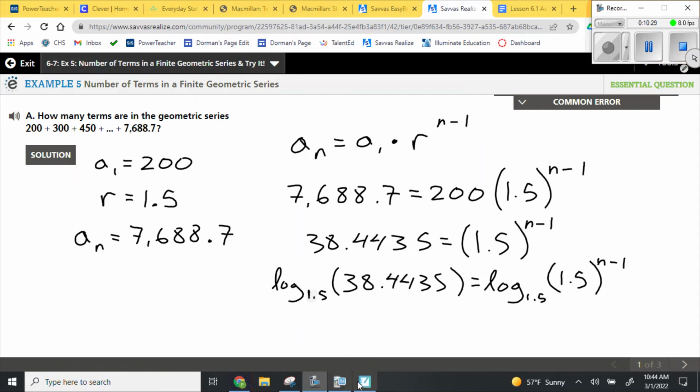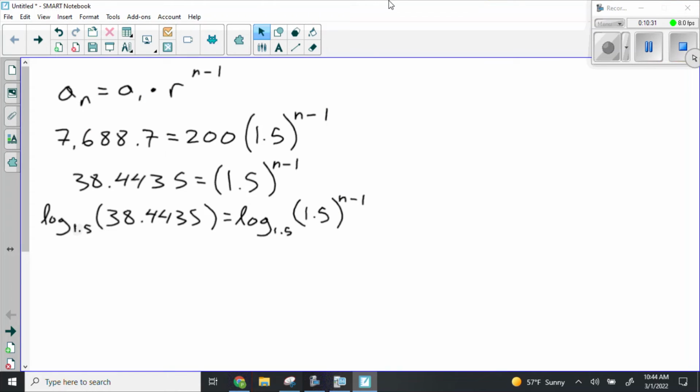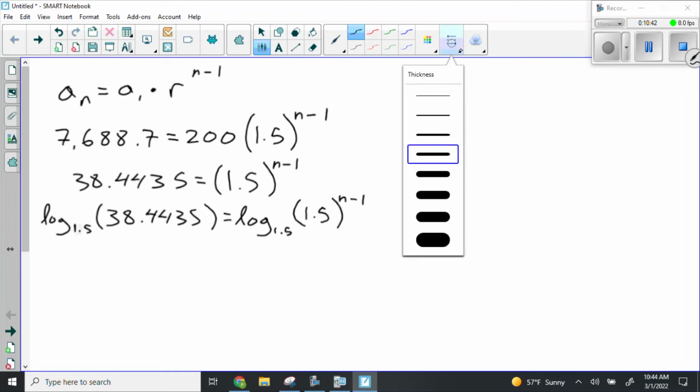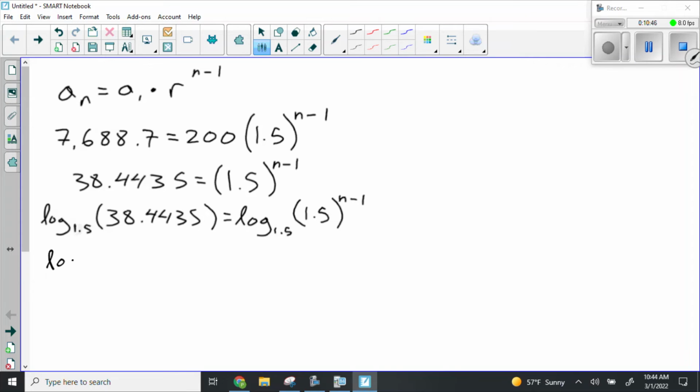All right, so we're running out of room, so let's move this over here and continue. Okay. So I've got log base 1.5 of 38.4435 equals n minus 1, right? I can pull the n minus 1 to the front.